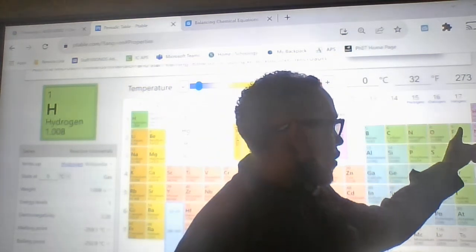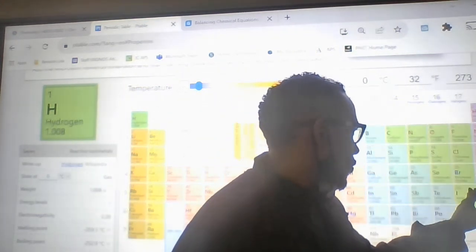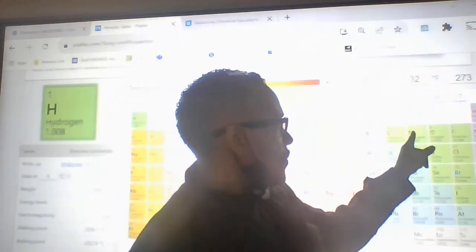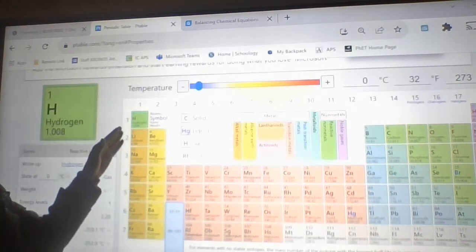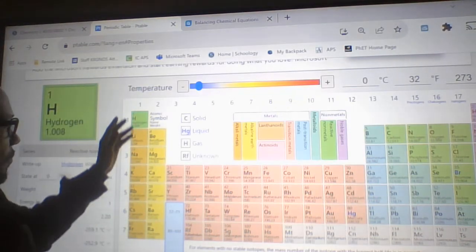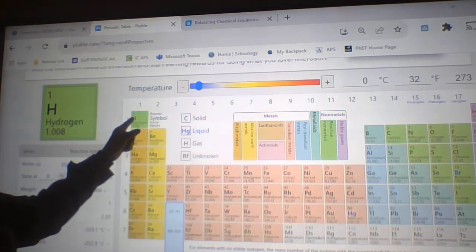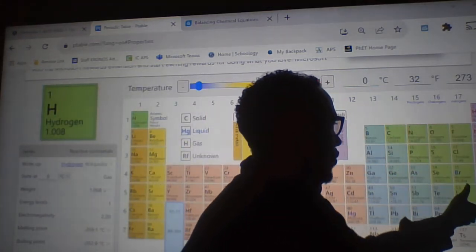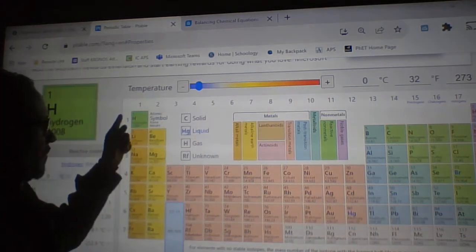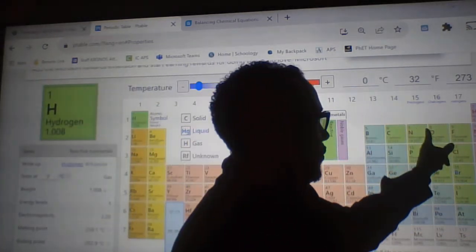My NOF, and then fluorine, chlorine, bromine, iodine. So upside down L here. And then there's one tricky guy. He's a non-metal, although he has some properties that are characteristic of metals. So he is a diatomic, and then nitrogen, oxygen, fluorine, chlorine, bromine, iodine. So we have H, and then I have my up, down, NOF, L.